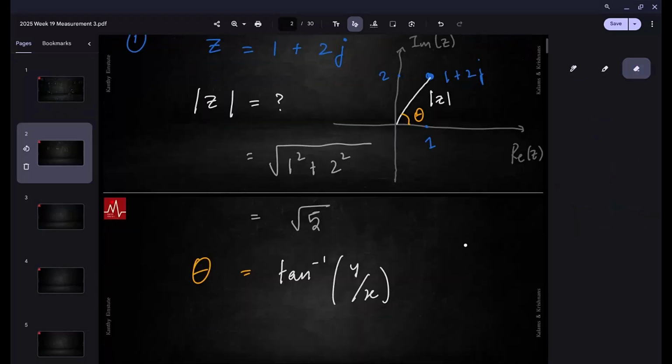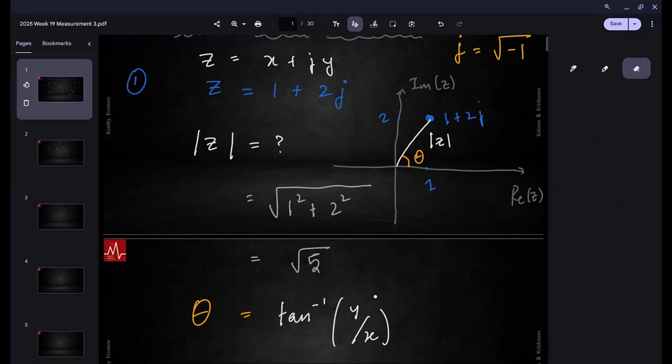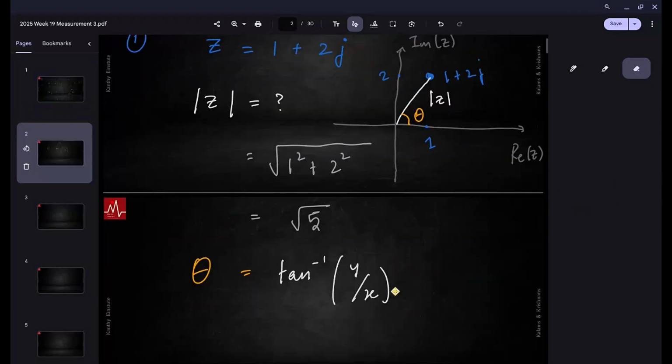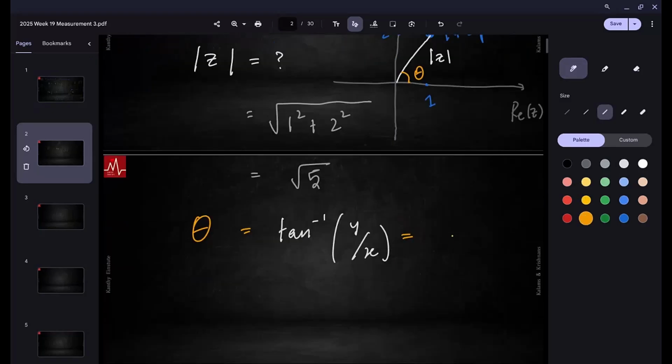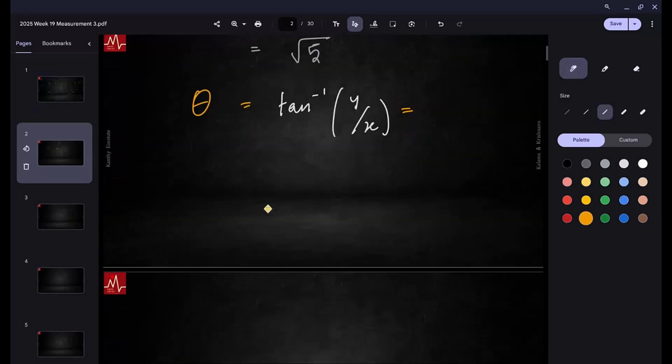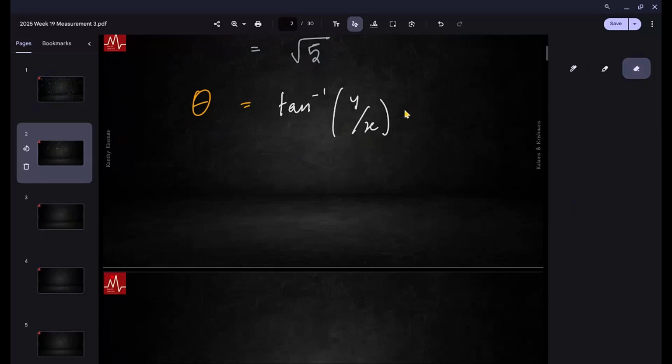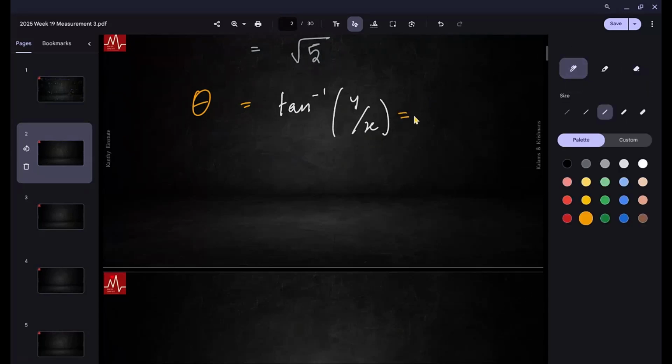One and the same. So this is the imaginary part by real part. In this case, let's calculate that. How much is this? Tan inverse of 2, that is 63.43 degrees. This also most of you know.